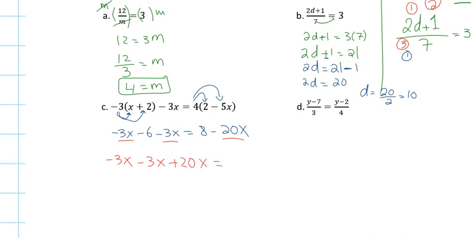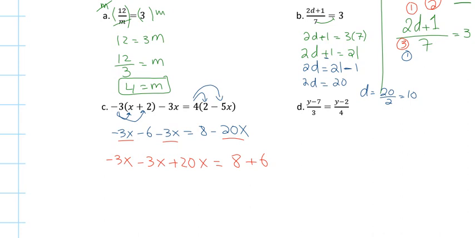Are we okay with this so far? Now, the 8 stays on this side. How about the -6? You bring it over. Anytime you cross that equal sign, you're going to change your operation. Do we understand that?